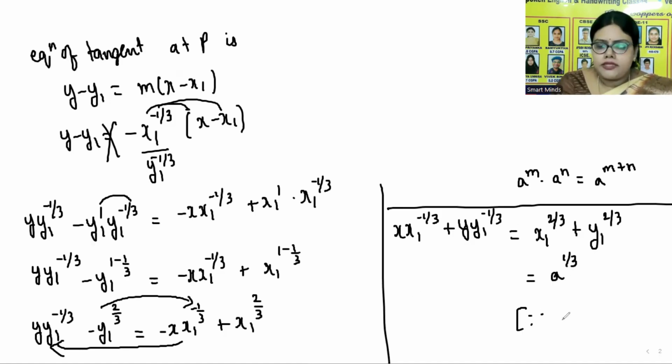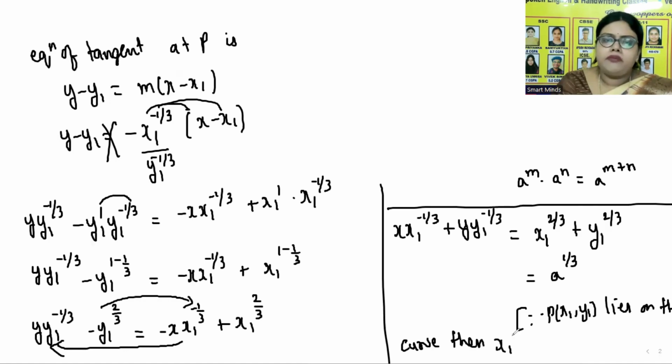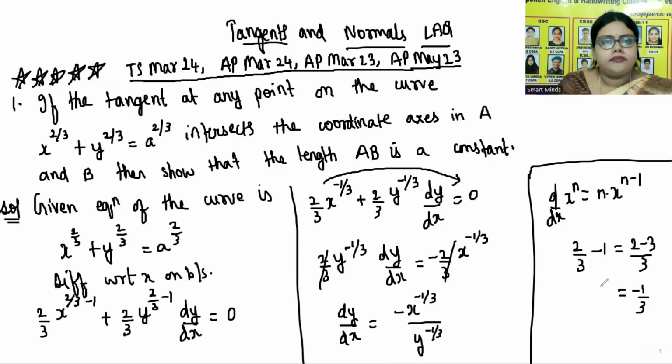Why? Since P (x1, y1) lies on the curve, x1 power 2 by 3 plus y1 power 2 by 3 is equal to a power 2 by 3. So this is 2 by 3 only.